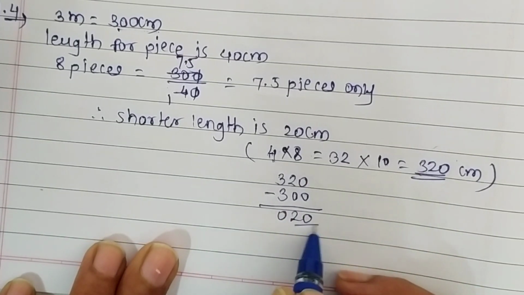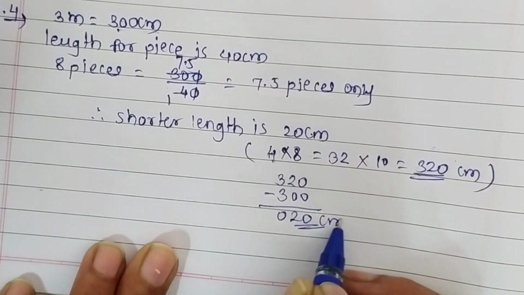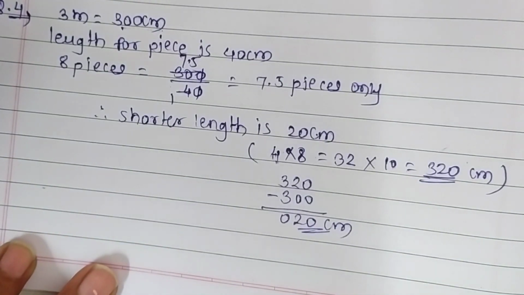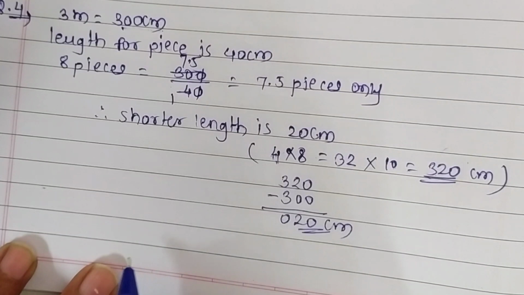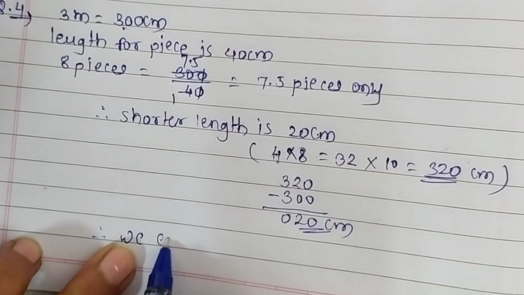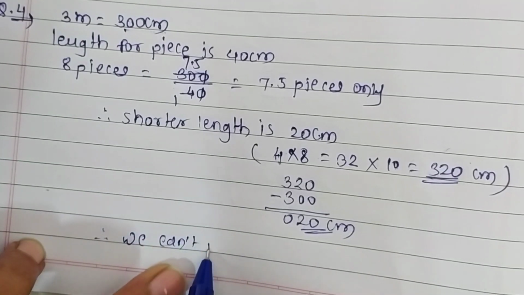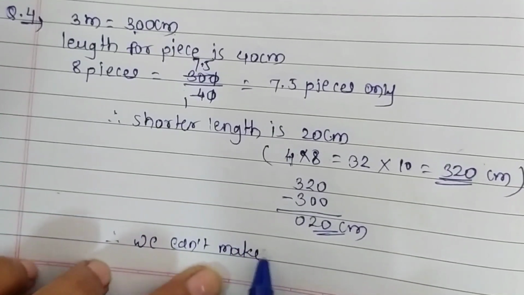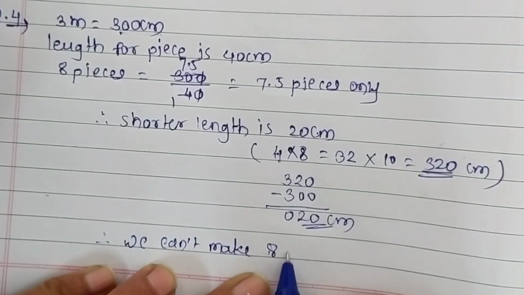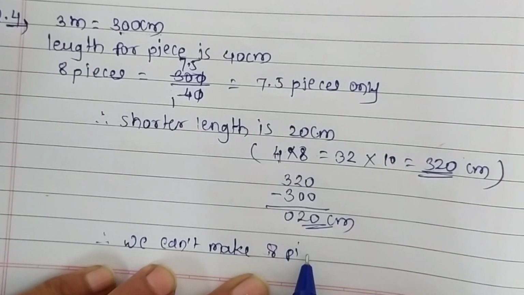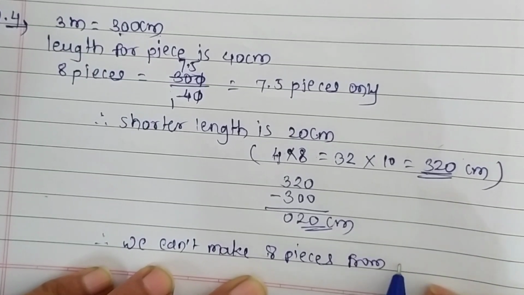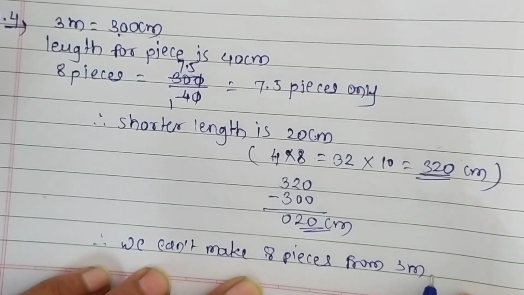So the shorter ribbon is 20 centimeter here. So we can't make 8 pieces from the 3-meter ribbon.